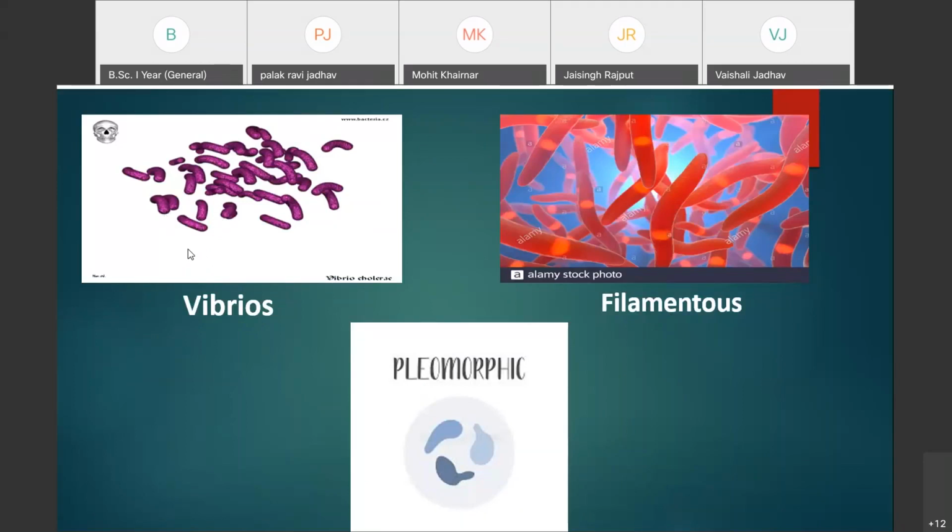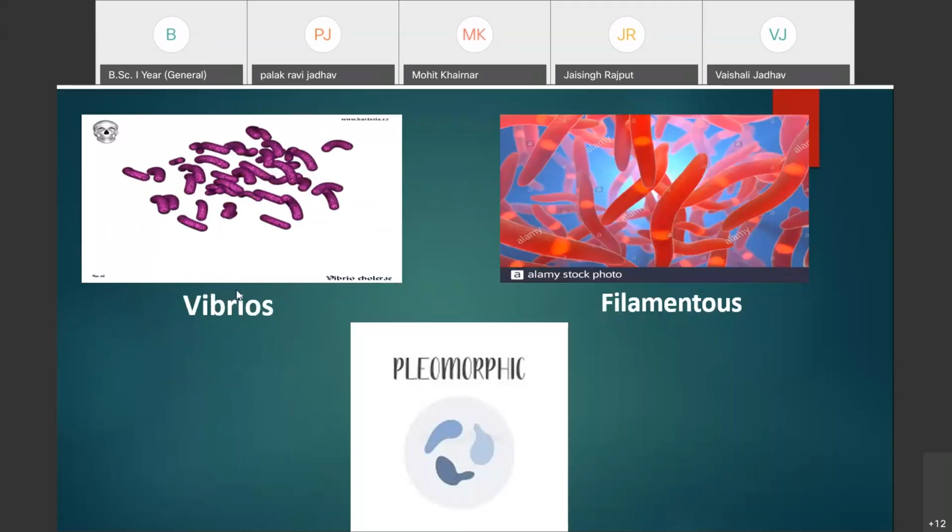But apart from these three principal groups, there are other shapes: vibrios, filamentous, and pleomorphic.